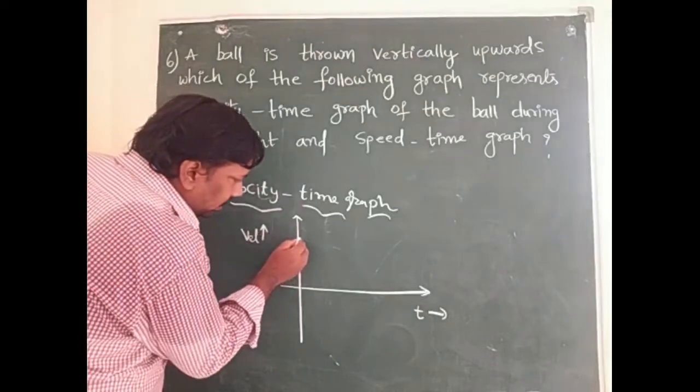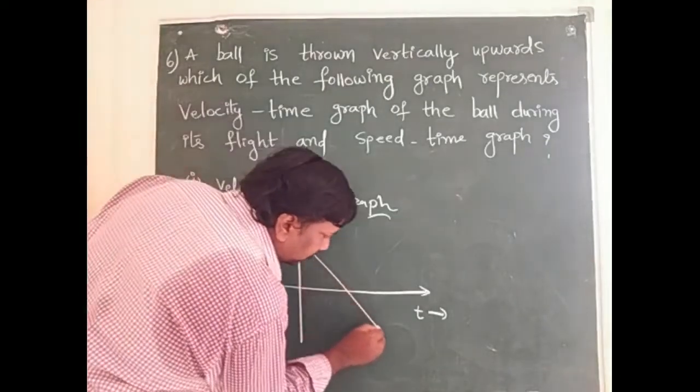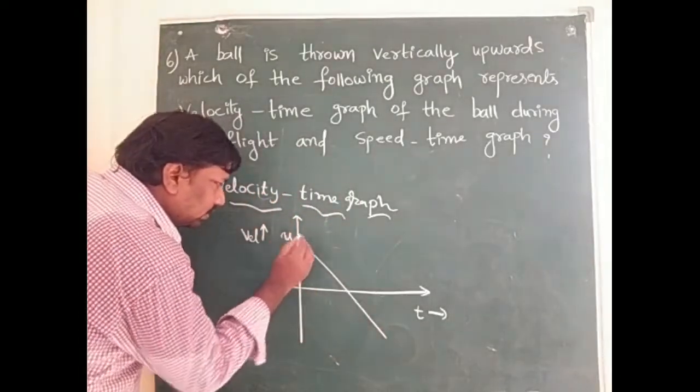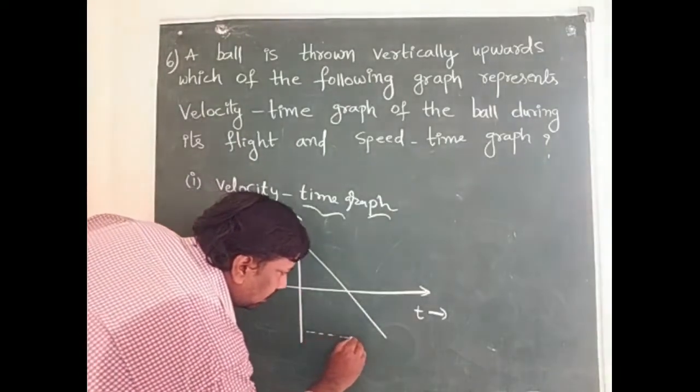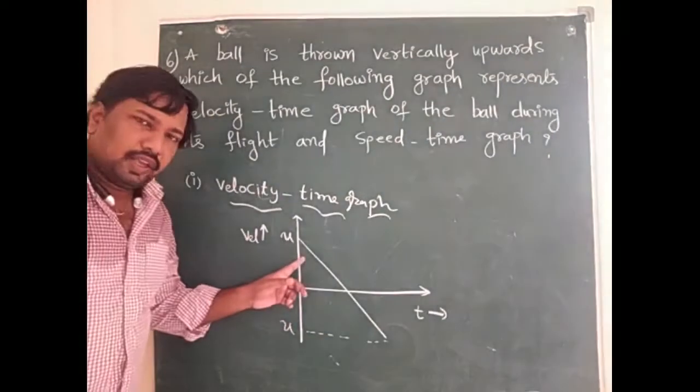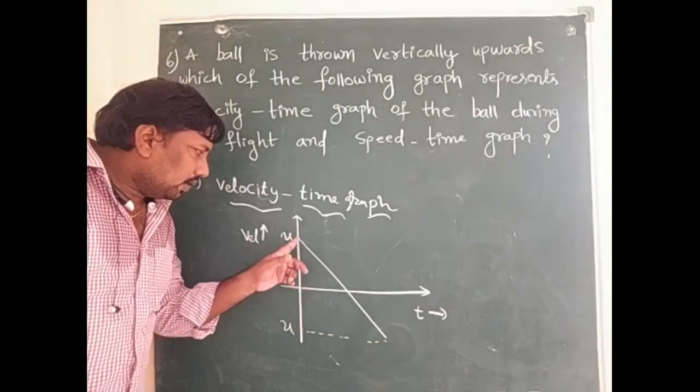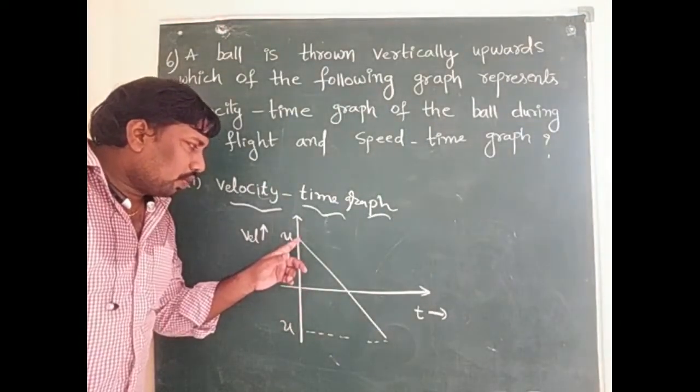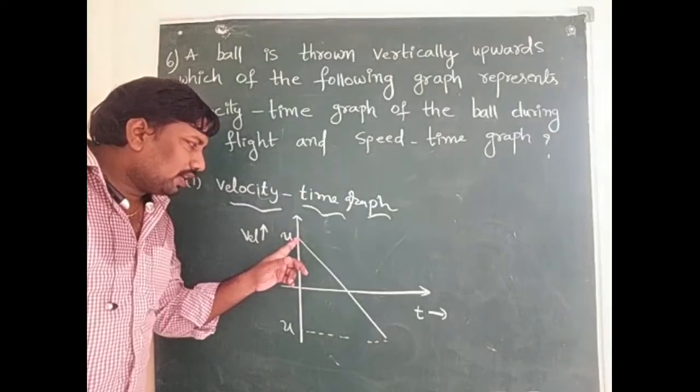Here u is the initial velocity. At the projection point, the velocity is u.